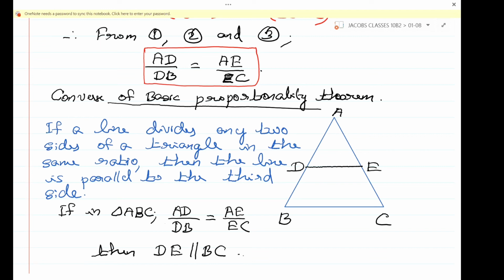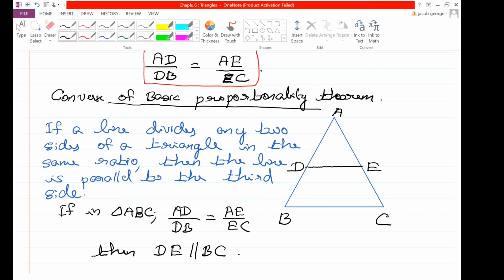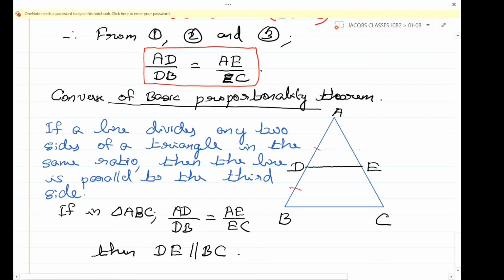Please complete this one. We have studied the basic proportionality theorem and its proof, but for this converse theorem, only the statement and application sums are there. So please write this one, the converse of BPT. Here the given part was AD by DB equal to AE by EC, then we have to conclude that DE is parallel to BC.